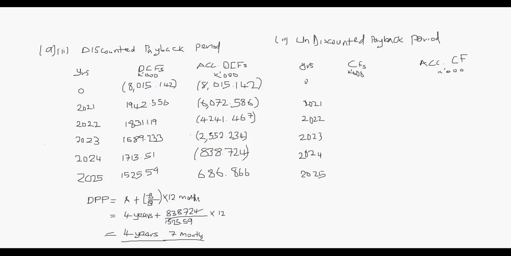For year 0, which is year 2020, the figure is still the same, 8,015.142, of course negative. In here, we have the same figure as we have just started the calculation, in negative brackets.